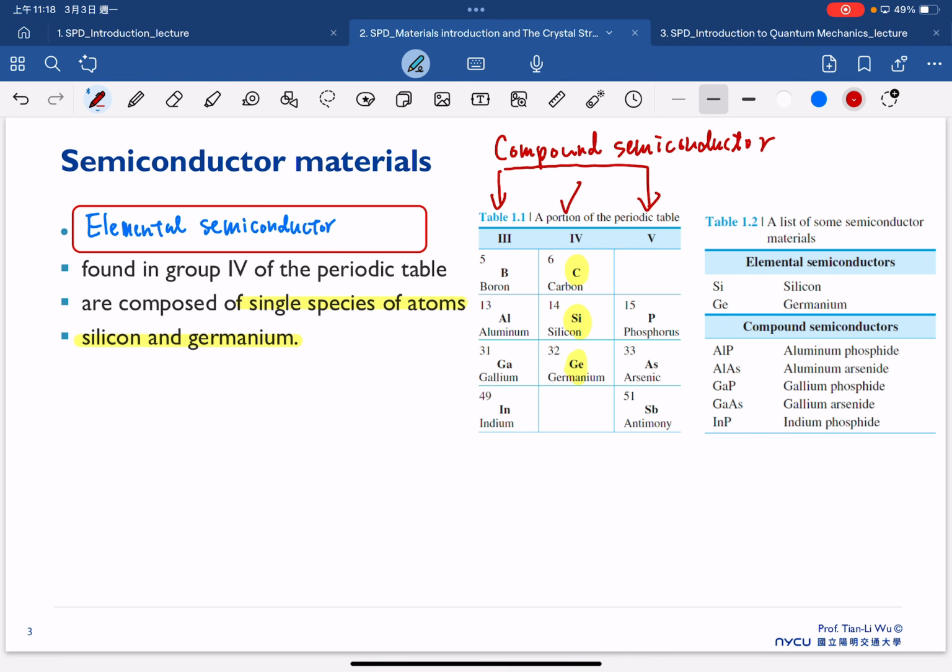In the case of a compound semiconductor, we very often use, for example, gallium, indium, phosphorus, and arsenic. By combining these two different species, we can have a compound semiconductor. For example, gallium arsenide and indium phosphide. That's what we usually call a compound semiconductor.